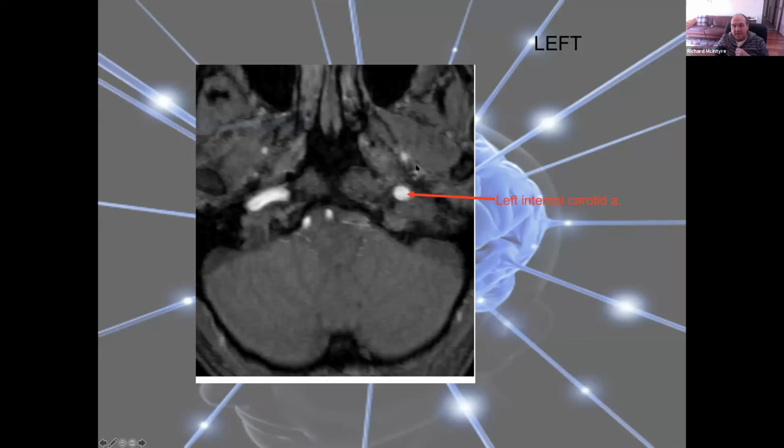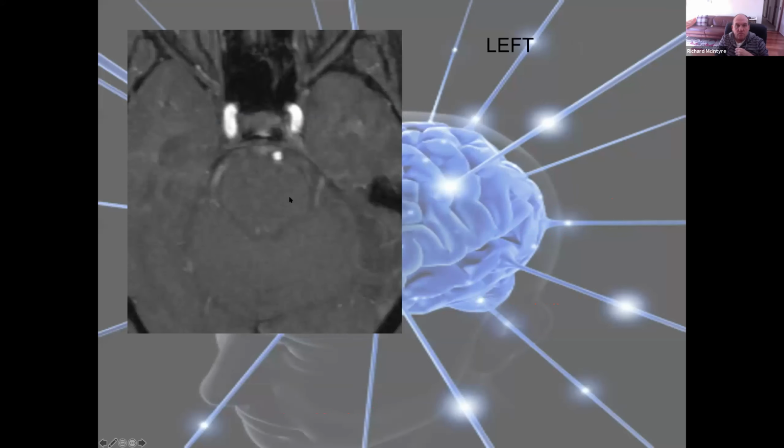So that's left internal carotid artery, left vertebral artery, right vertebral artery, and of course we've got the right carotid, we call it siphon, as it tunnels through the bones, through the foramen. Internal carotid arteries again, basilar artery.